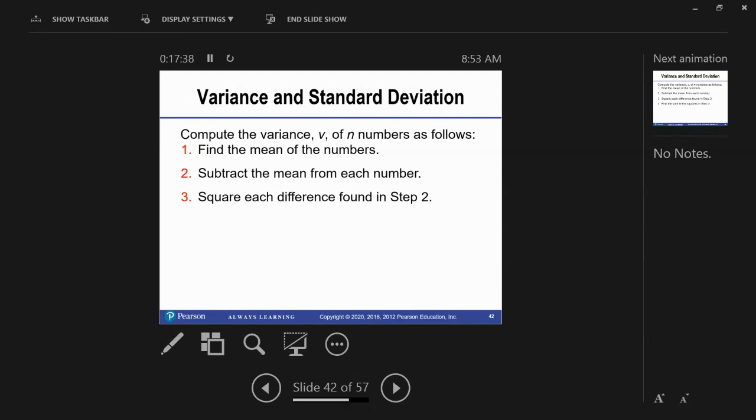With variance, after you find those differences, you're going to square each difference. Then after you square each difference, you'll add those squares up.